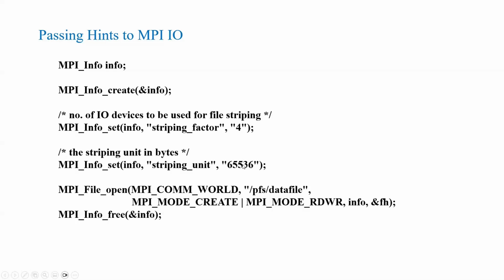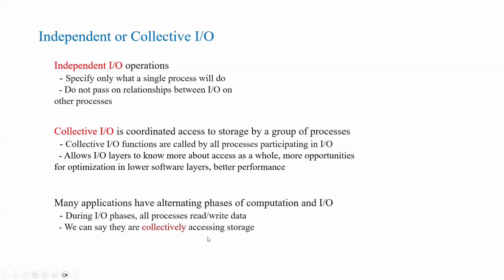That will define the format of your file, right? In this case, you can open a file, and you have the file there, and then you can have that info. This info is what you set here. Afterwards, you can free it, go back to default. Okay.